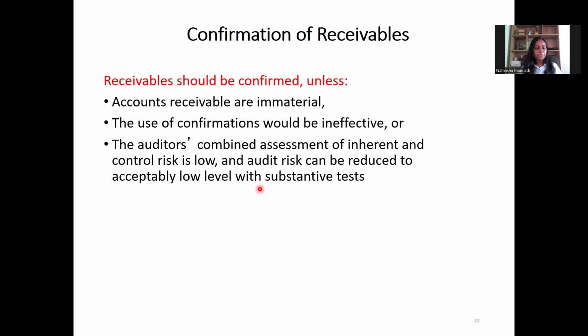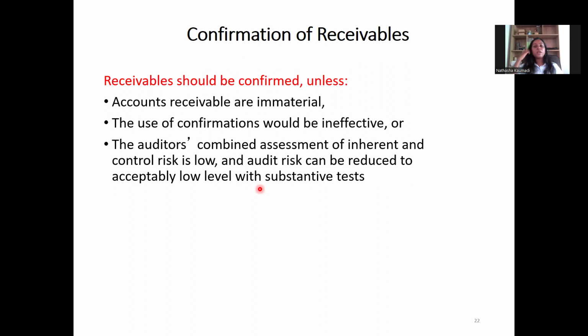Now think about this. Let's say you have called confirmation from debtors, but you have not received the responses. That means the debtor has not confirmed for different reasons. Or else, because of these reasons, you are not calling confirmations from debtors. Now, how are you going to confirm the balances of trade receivables?